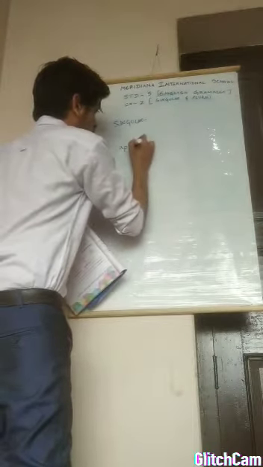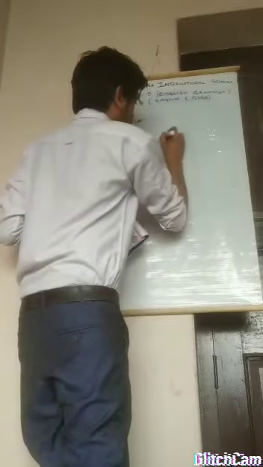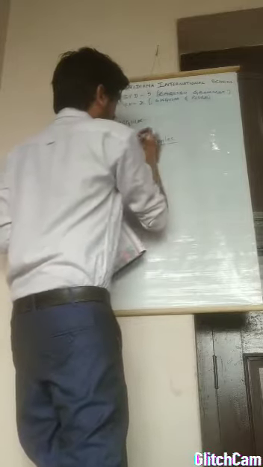So let's talk about the first one. In the first way of changing it, it's very simple. Like for example, apple. I have written apple. Now if I want to make apple into apples, meaning into plural, then I will just simply add an S. Simple.